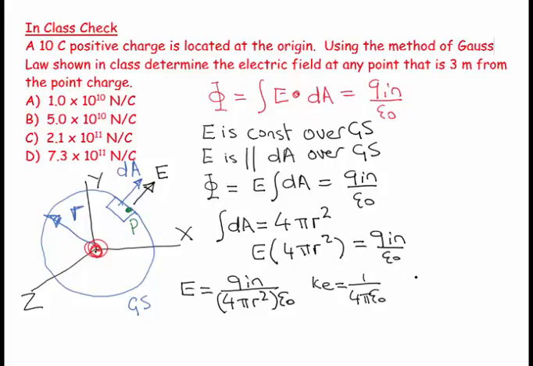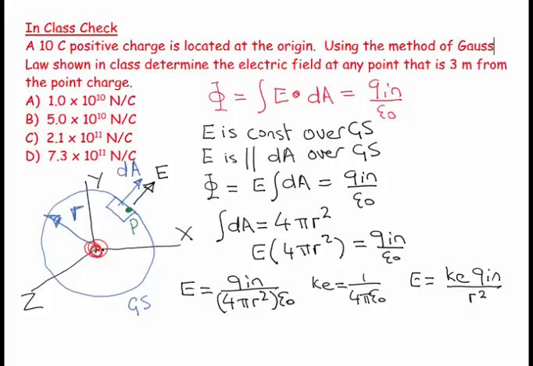And so when I substitute that in, I get E is equal to, well, 1 over 4 pi epsilon naught gives me Ke times Q inside over r squared.